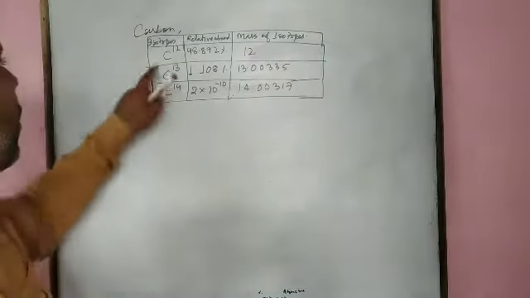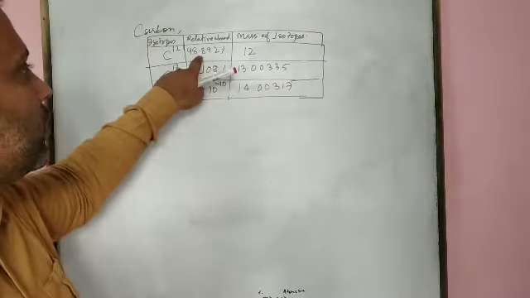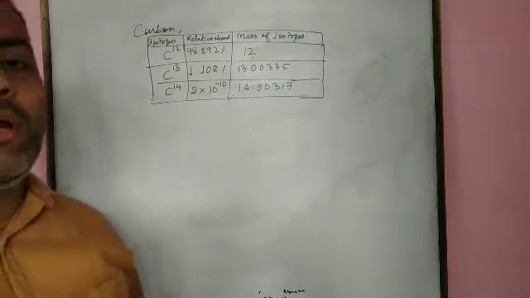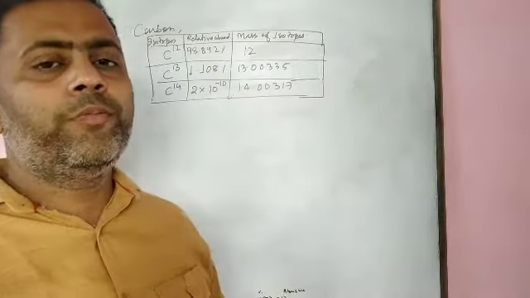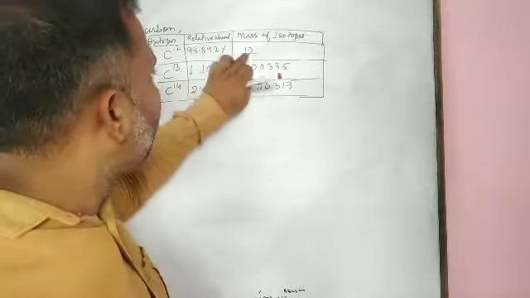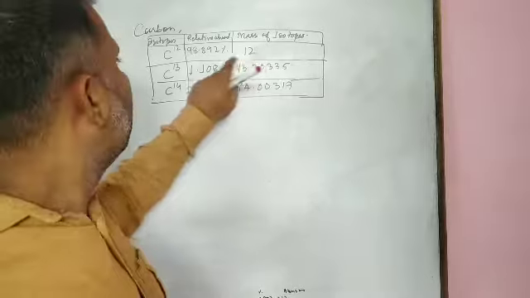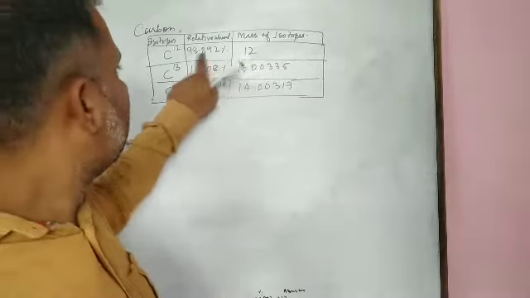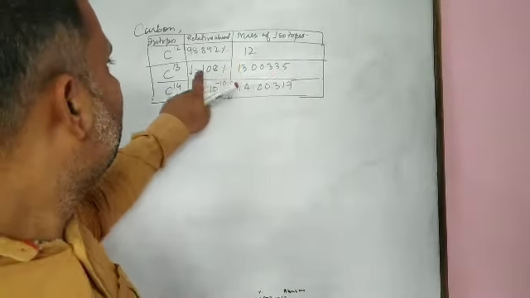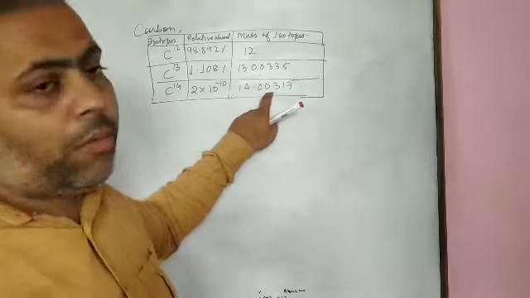In order to calculate their average, what do we have to do? Simply we have to multiply the relative abundance by their isotopic mass. 98.892 into 12. It means this much of atoms having atomic mass 12, this much of atoms having atomic mass 13, this much of atoms having atomic mass 14.